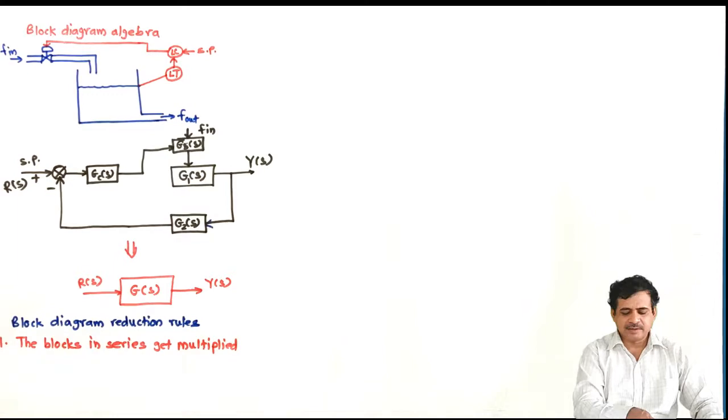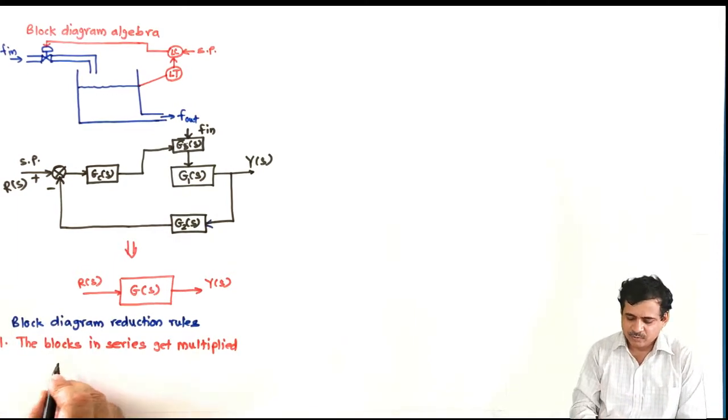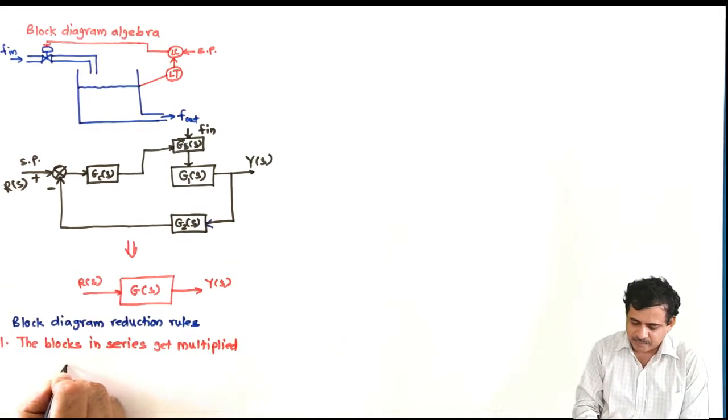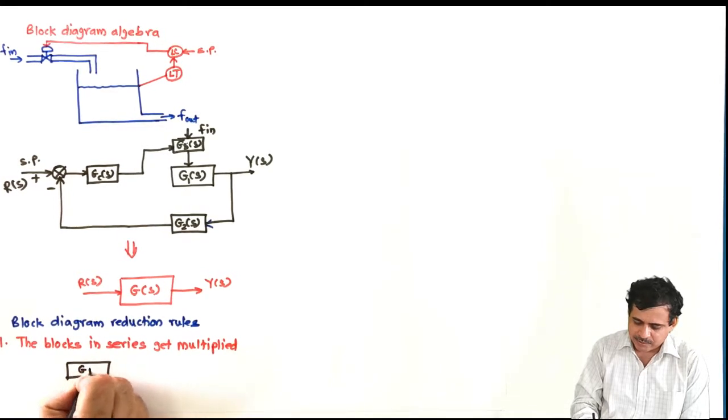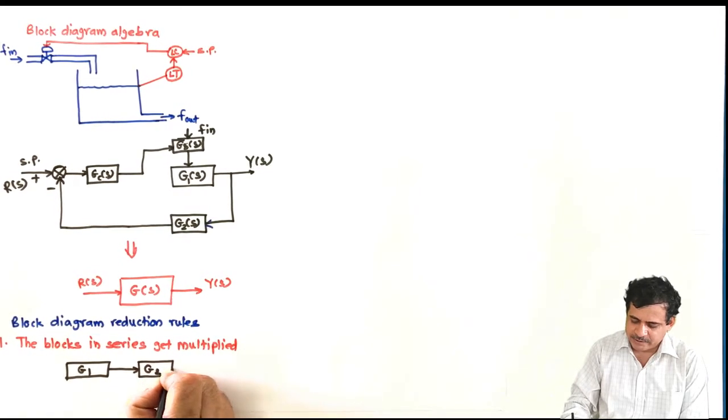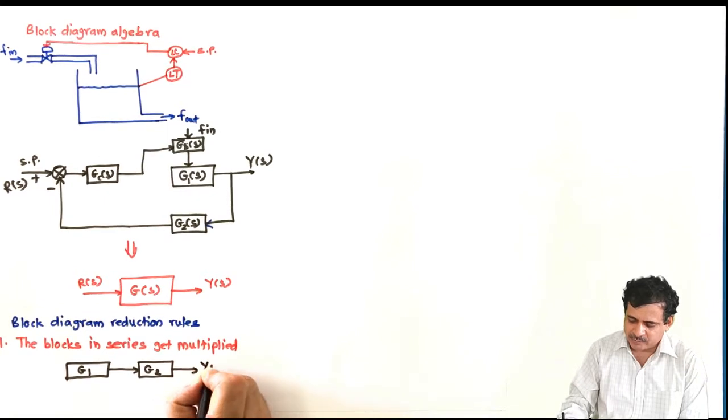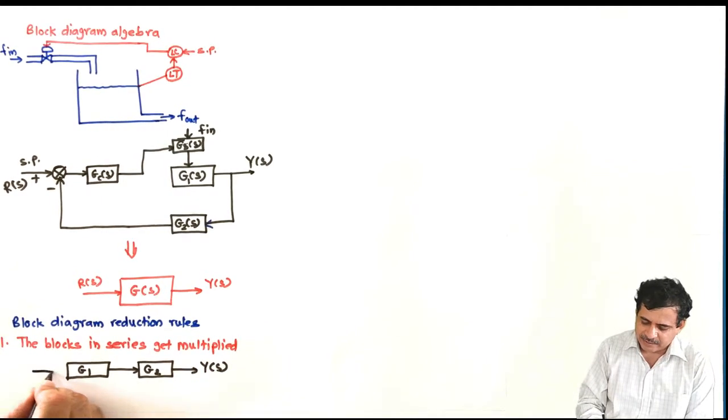What does it mean? Say for example, we have two blocks G1 and G2 in series, and let this be Y of s and let this be R of s.